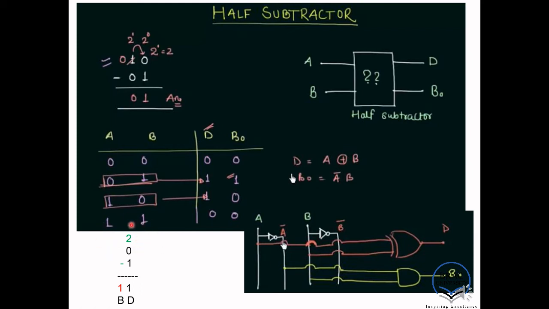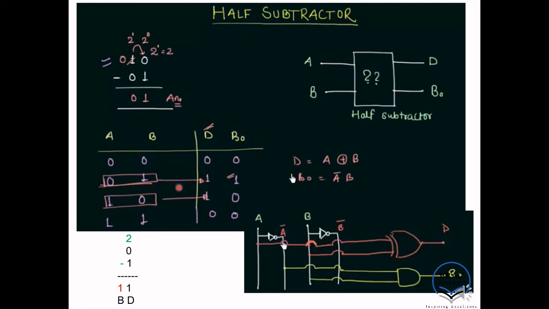So if you borrow 2 here, write borrow 1 here. As you're taking borrow 2, write 1. So 2 minus 1 is 1, and you borrowed 1, so the borrow is 1 here. So B and D become 1 1. That's why your D is 1.